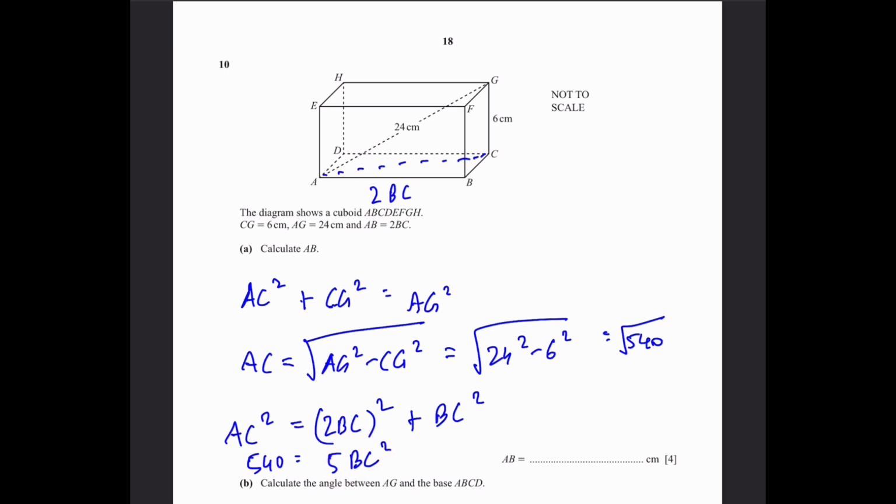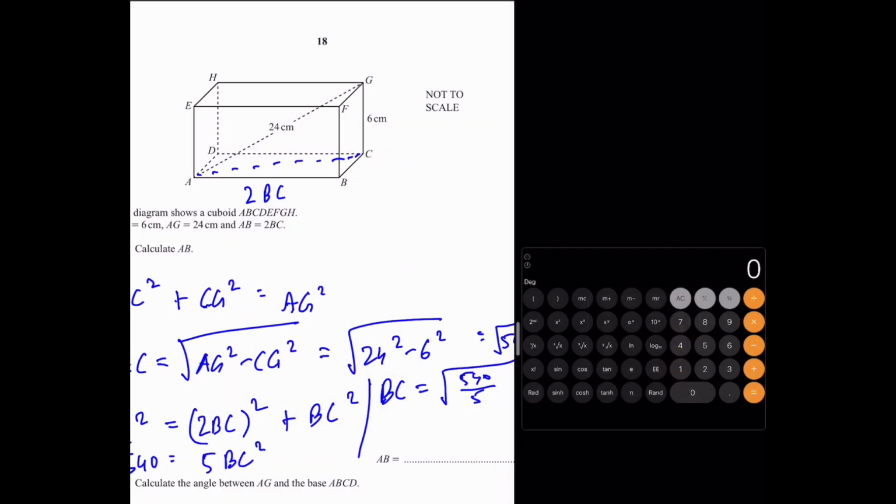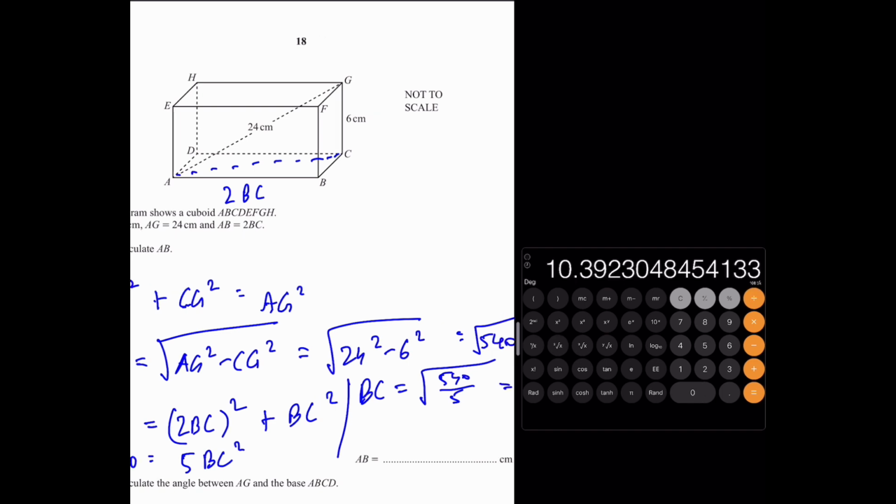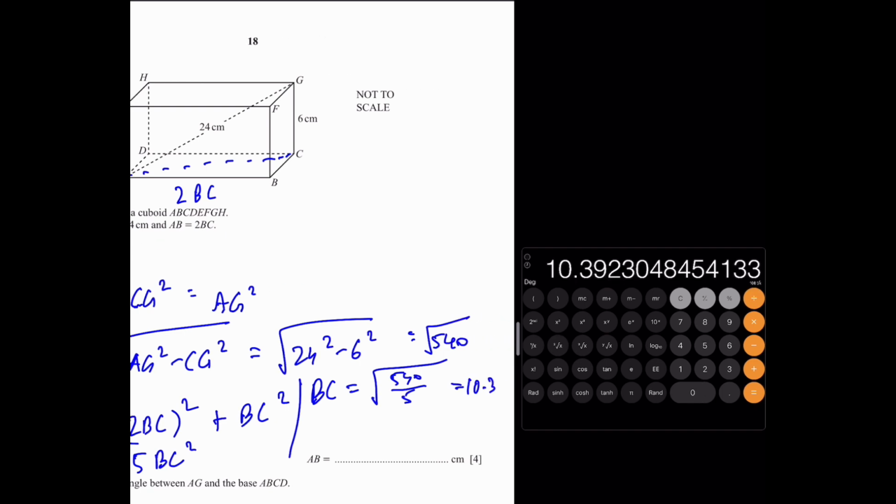And that means BC is equal to the square root of 540 by 5, and using our calculator, 540 divided by 5, we get 108. Square root is 10.39. And now AB is going to be 2BC, which is multiplying this value by 2, 20.8 centimeters to 3 significant figures.